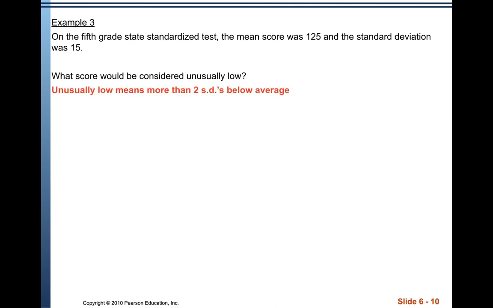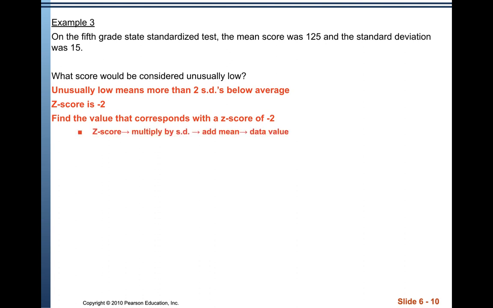Unusually low means more than 2 standard deviations below average, which means our z-score has to be -2. To figure out what score is unusually low, we have to figure out what test grade would yield a z-score of -2, so we're going to do the go-backwards thing from before.